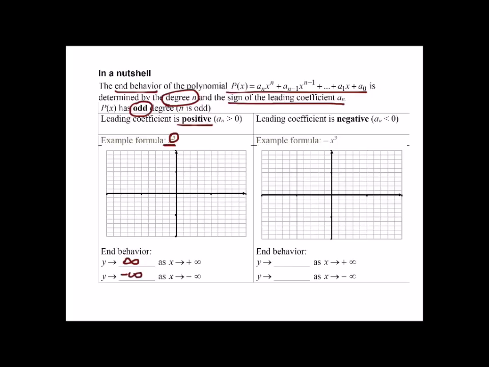So y goes to -infinity as x goes to -infinity. And it has to look like the following. Notice that I always use the arrow on both ends because we're describing end behaviors. The pattern of getting larger or getting smaller has to continue on as x gets larger and smaller.